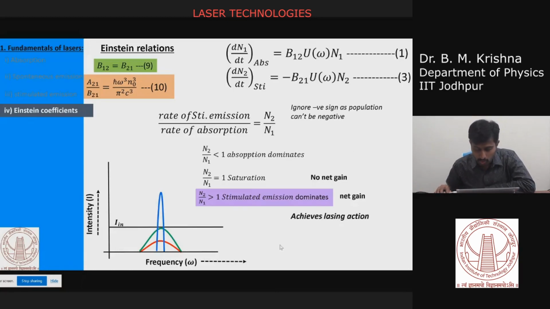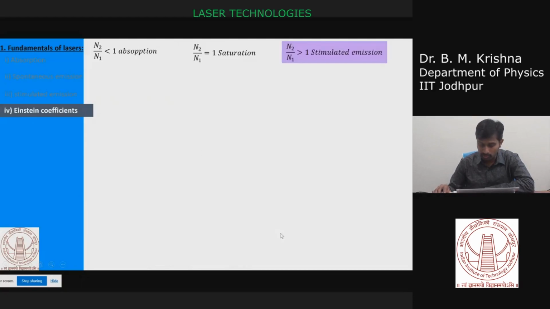Okay, so now we have three conditions for stimulated emission. Our aim is to make a laser, right? So to make a laser, you need to have this condition satisfied. Now, this is your absorption condition. You take a two-level system.